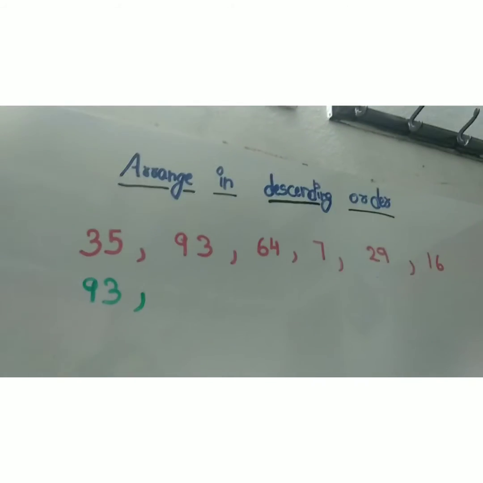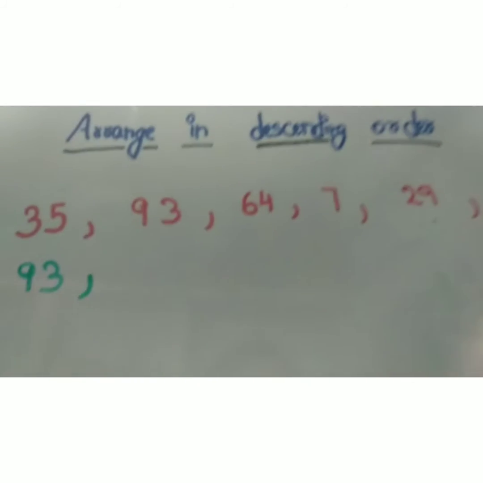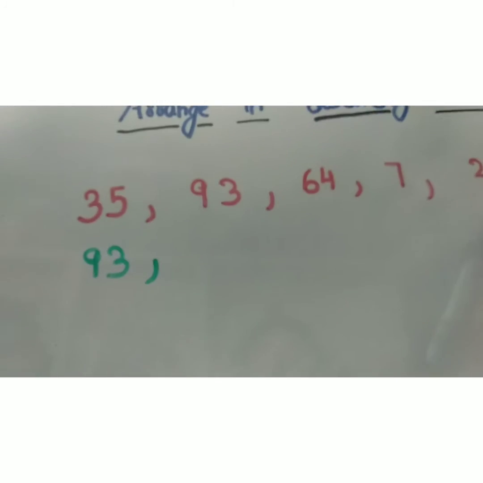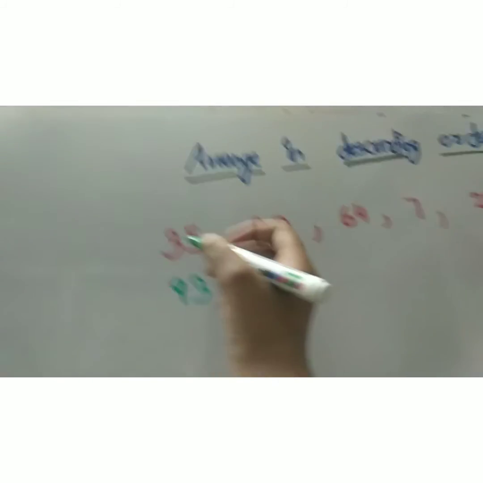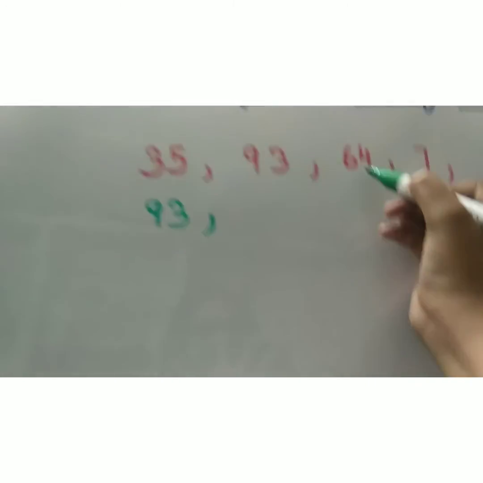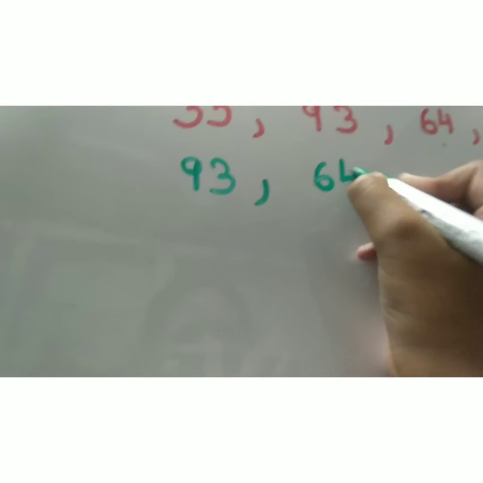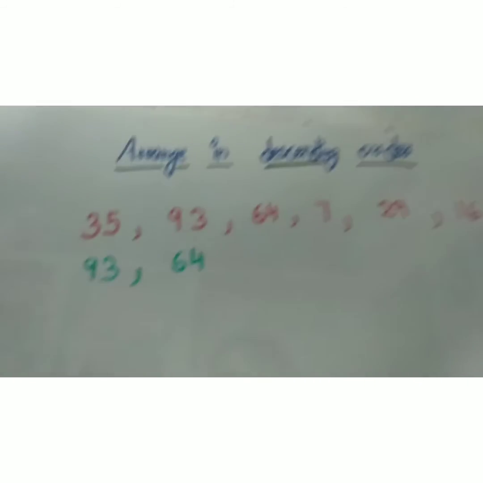What is the next number, children? Tell me. 29? No. 35? No. 64. 64 is the next number. What is the next number, children? Tell me.